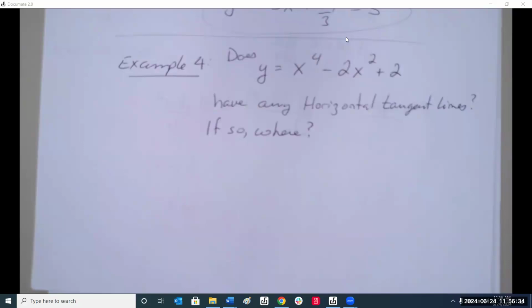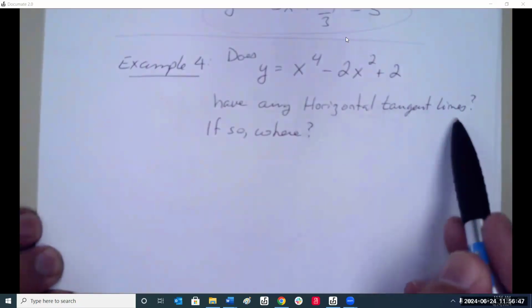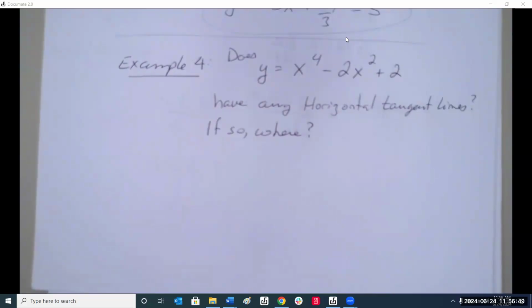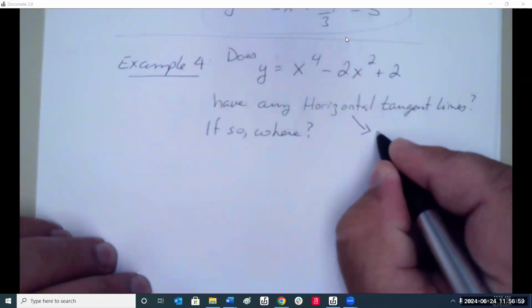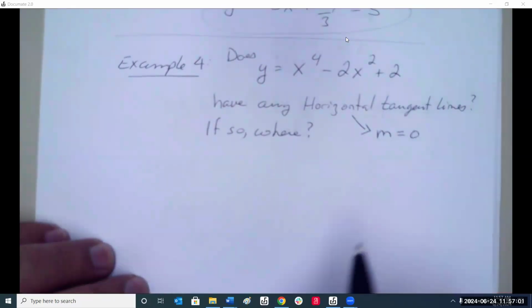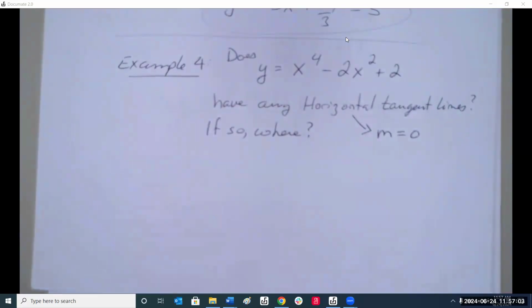It all bases itself on the definition of a derivative. Could we use derivatives, or is that not the right way? Well, we have to. How do we find a horizontal tangent line? How do we know it's horizontal? The slope of a horizontal line is 0, right?